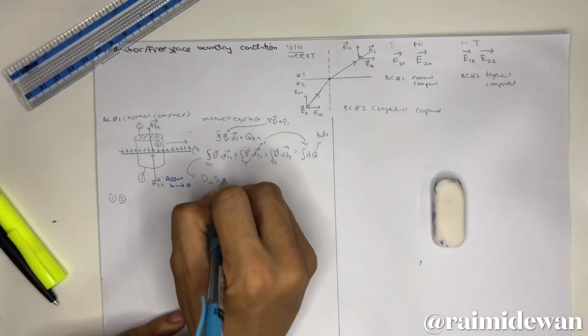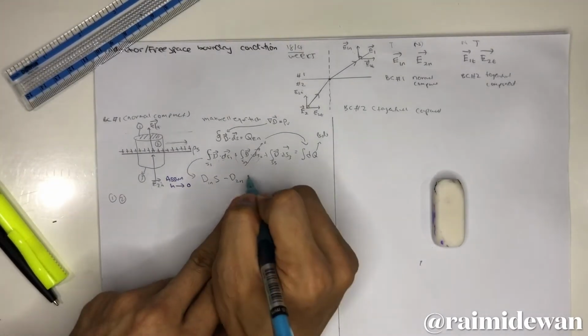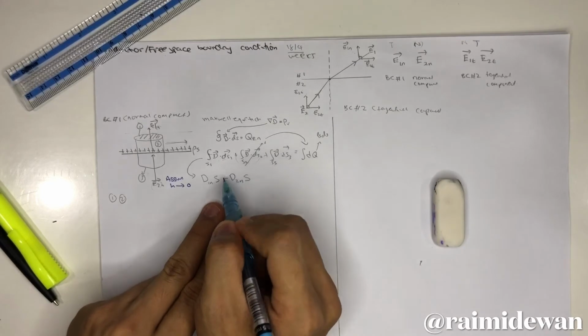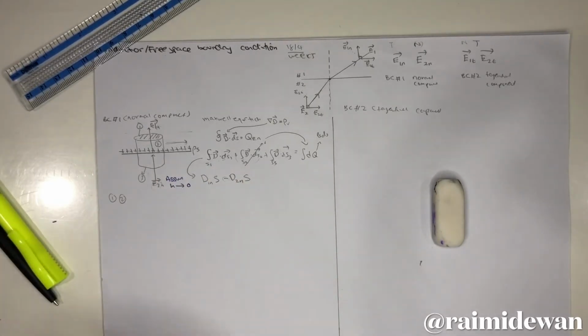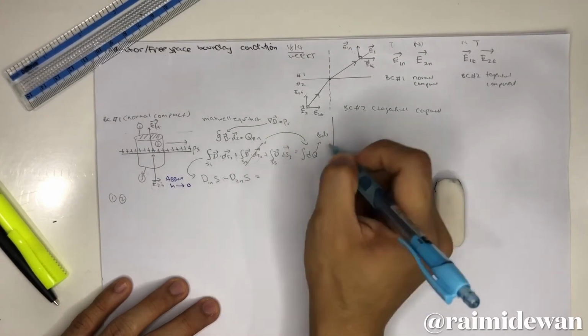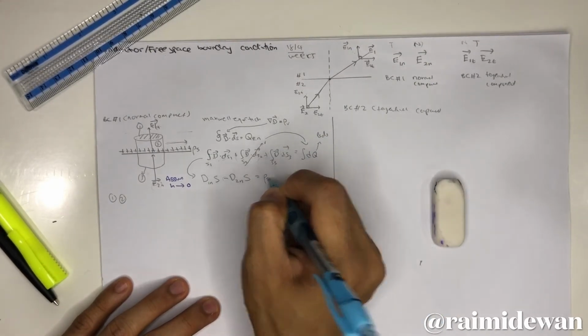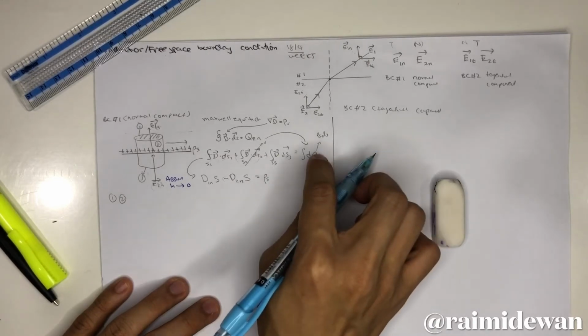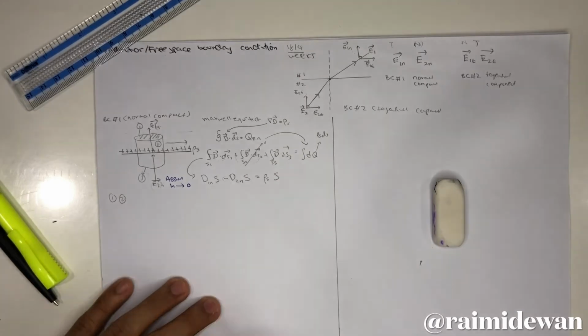So you will have negative D2N. You should know why this is negative, right? Because they are in opposite directions. And then when you do the integral part, you know the rho s is constant, and this one you will have the surface.